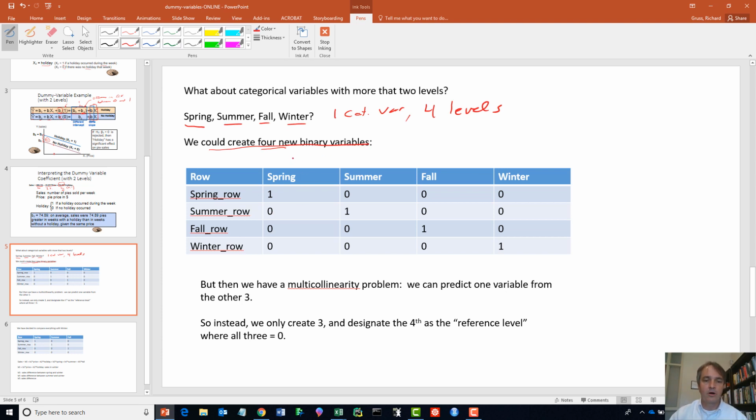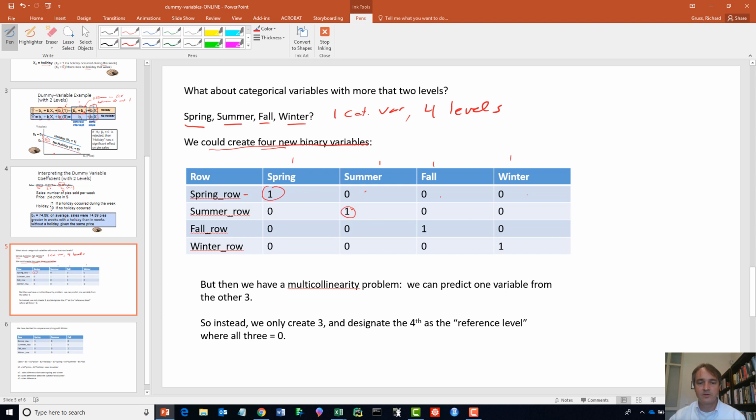We'll call them spring, summer, fall, and winter. And then all we have to do is put in a 1 under spring if the row took place in spring, and a 0 for the other ones. So the spring row would have a 1 here, the summer row would have a 1 here, and zeros everywhere else. The fall row would have zeros everywhere except for fall, and the winter row has zeros everywhere except for winter.